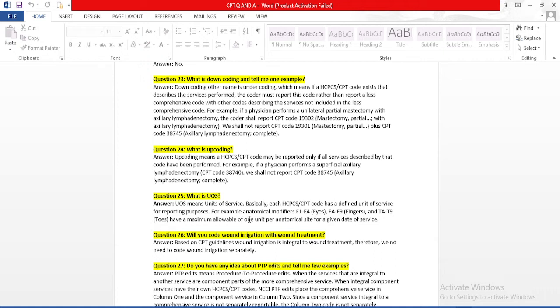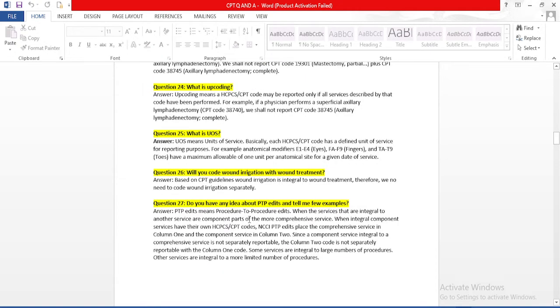If a physician performs unilateral partial mastectomy with axillary lymphadenectomy, we need to report 19302, mastectomy partial with axillary lymphadenectomy. We shall not report 19301, mastectomy, plus CPT code 38745, axillary lymphadenectomy, separately.